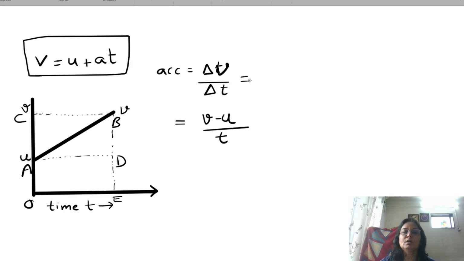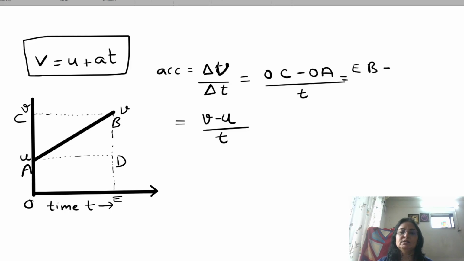But if you look at this graph, this is nothing but OC minus OA, right? With respect to time t. This is equal to EB minus ED with respect to time t. This OC is nothing but equal to EB minus ED.